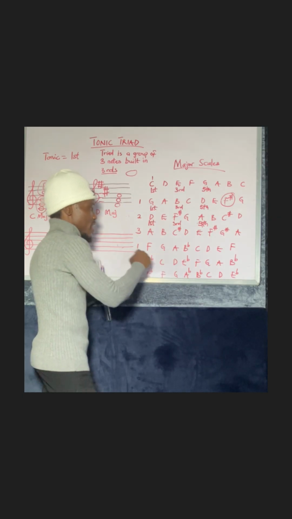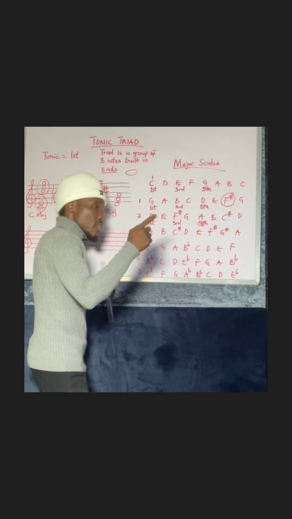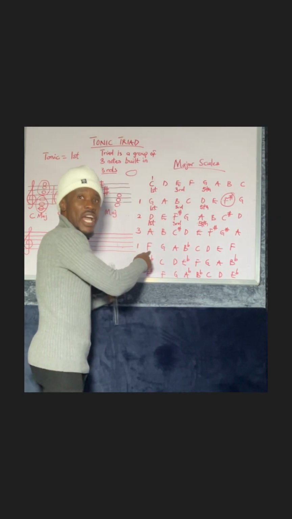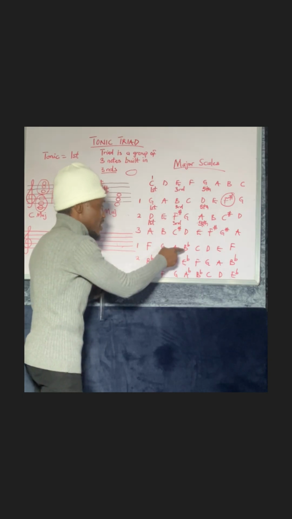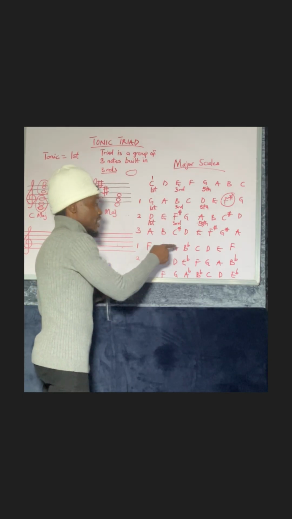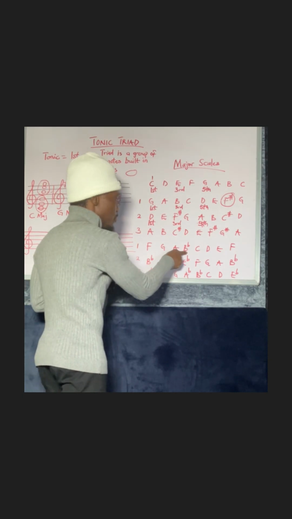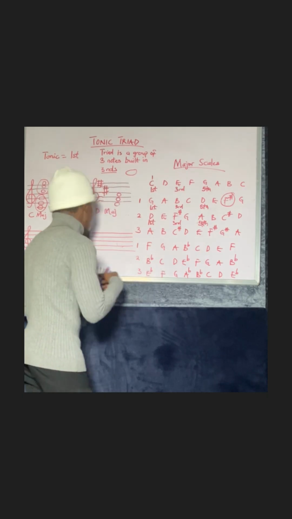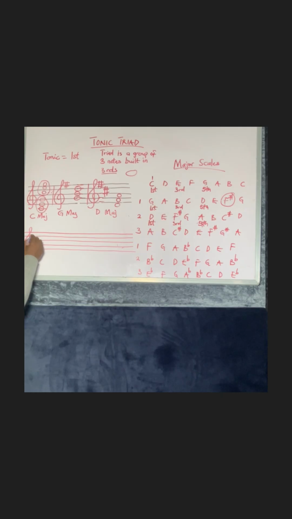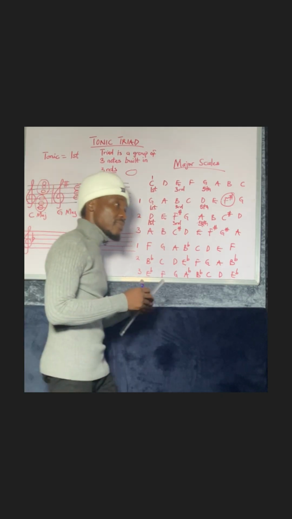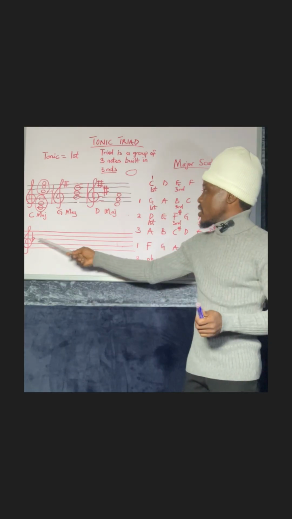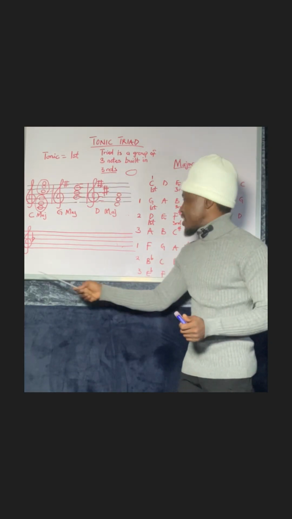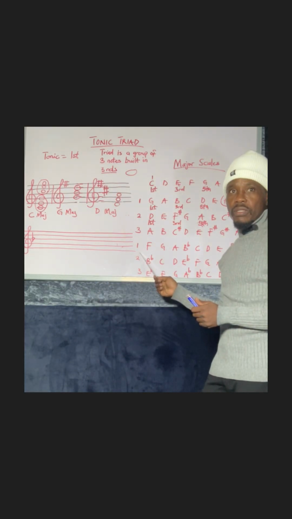If I'm to write the tonic triad, which is also called the major triad, for F major, the first thing is to represent this B flat on the staff. B is the third note of the staff, so on the third line we write our B flat.